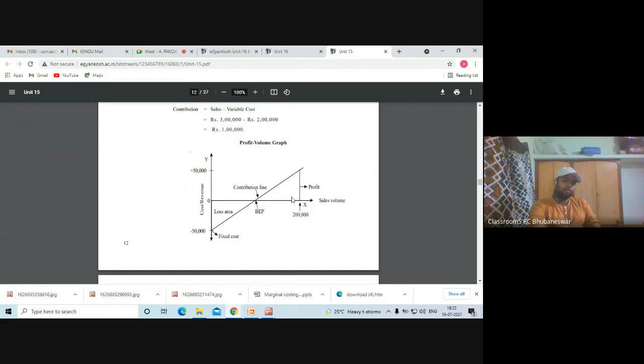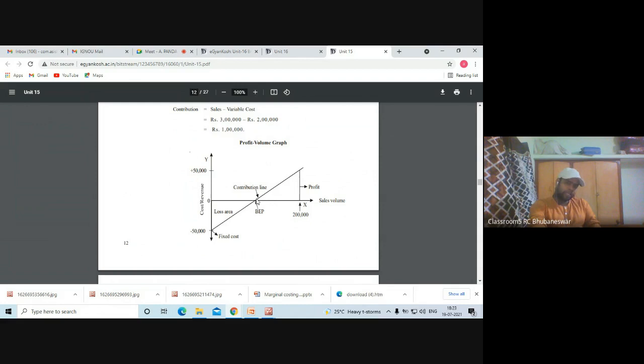How to identify? If this is the BEP sale, then all the sales over and above this BEP is known as the margin of safety. And out of this margin of safety, if we deduct the variable cost, we get the profit part.